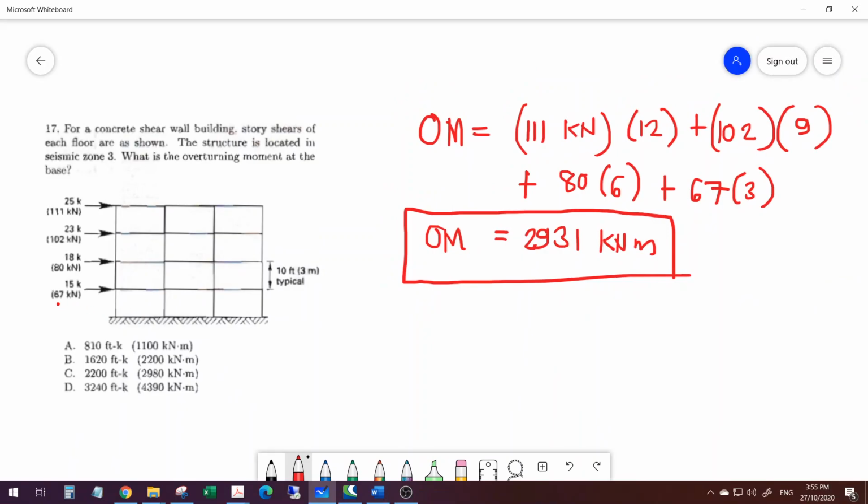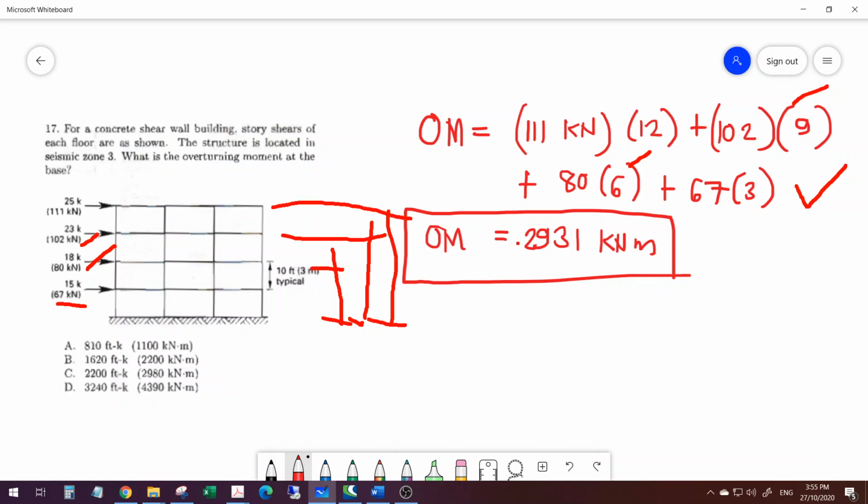So 67 kilonewton multiplied by 3, 80 kilonewton multiplied by 6, 102 kilonewton multiplied by 9, and then finally 111 kilonewton multiplied by its height, 12 meters, because in the given problem we have a 3-meter typical floor to floor height. So the overturning moment is 2931 kilonewton-meter.